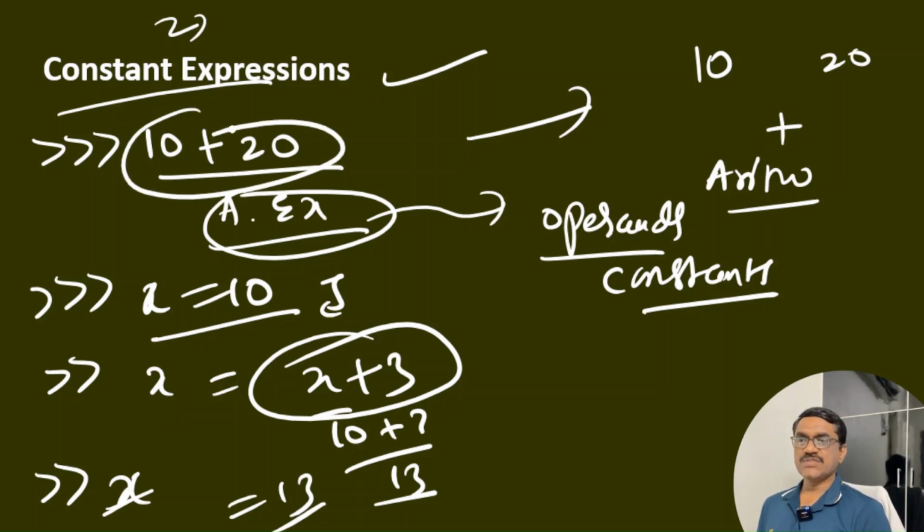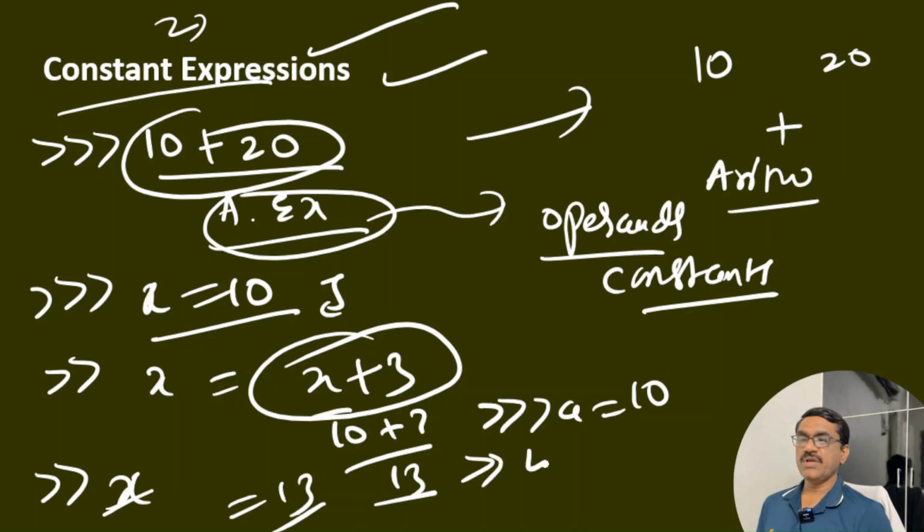In this case, 10 plus 20 is an arithmetic expression. At the same time, we call it a constant expression. If we take any other example, if I say A equals 10 and B equals 20, now whenever we say A plus B and press enter, here A plus B is not a constant expression. It is an arithmetic expression.